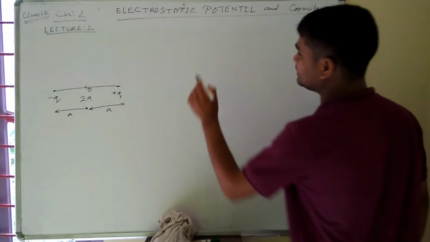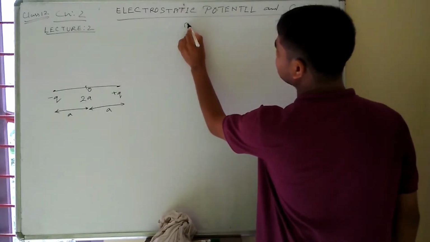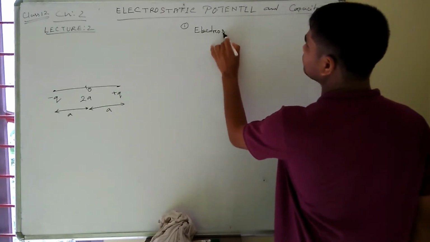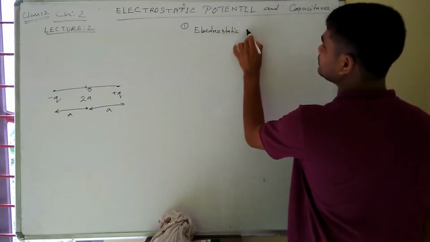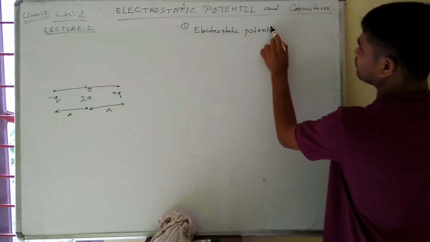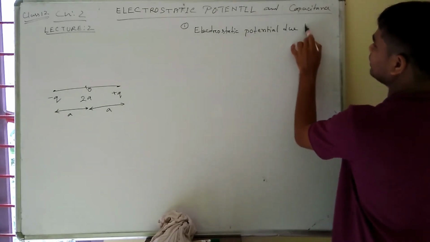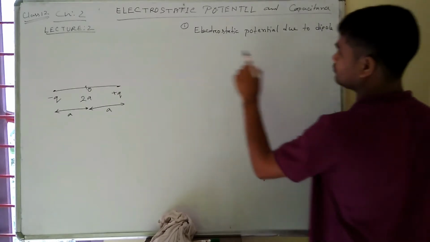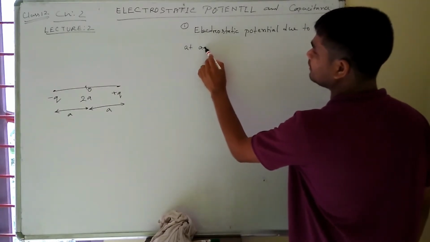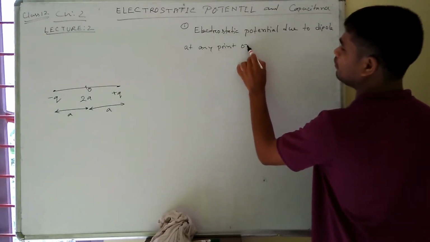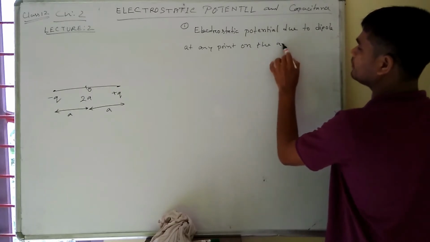In the first case, we consider the electrostatic potential due to a dipole at any point on the axial line.